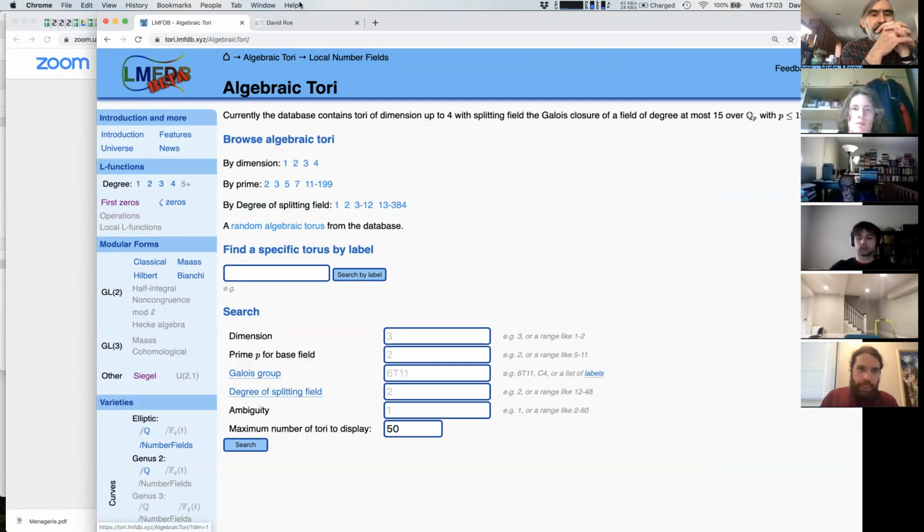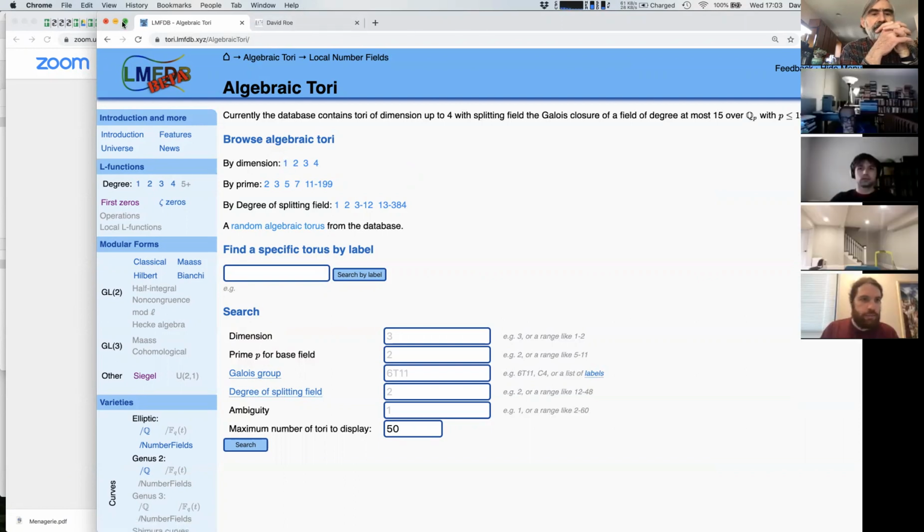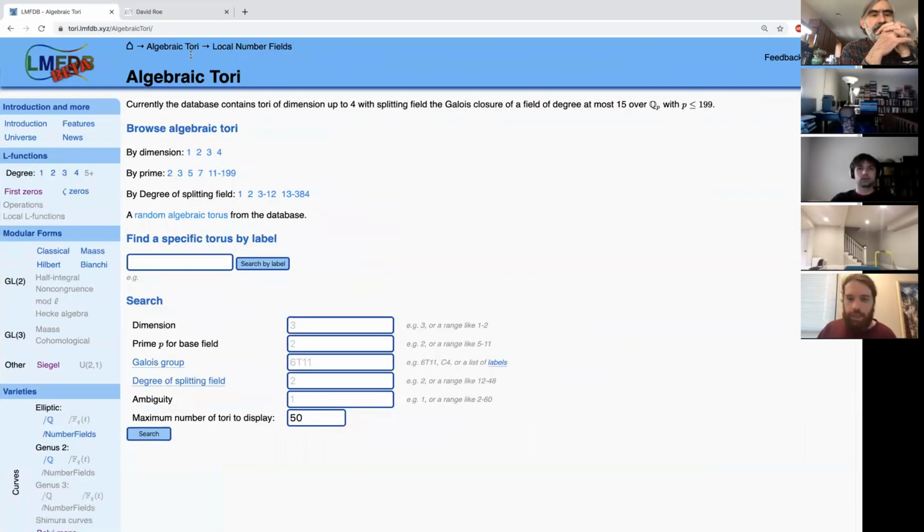You can browse algebraic tori by dimension, by prime, by the degree of the splitting field. The largest splitting field here has degree 384. I've added data just for tori up through dimension 4. You can get a random torus, and you can search for tori with a particular splitting field.